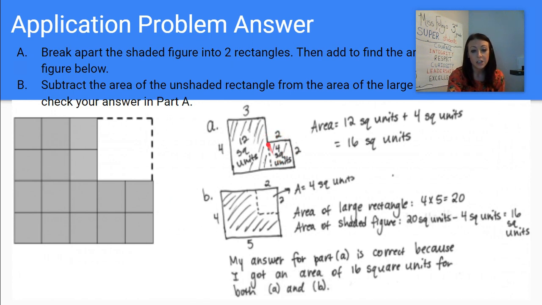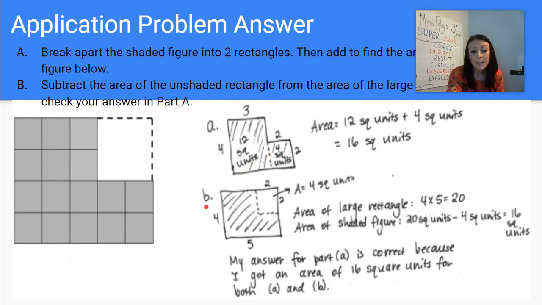So you're going to take your 12 square unit area of this rectangle, the 4 square unit area of this rectangle, and you're going to add those two together, which you'll get 12 plus 4 equals 16 square units, and that's the total area of your shaded shape. So that was part A. So the answer for part A is 16 square units when we solve it this way.